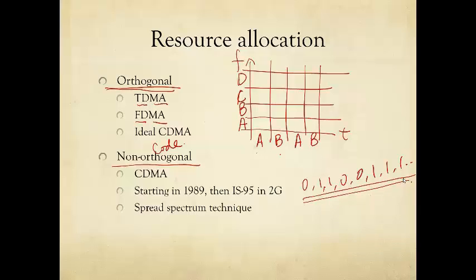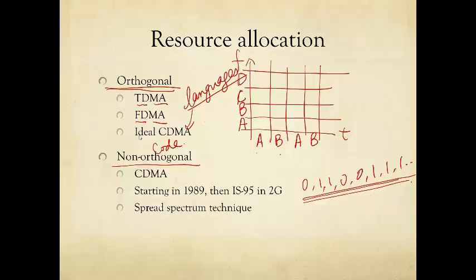And only the intended recipient will have the right code to decode that message. The other receivers would not have the right code, and therefore they would not be able to decode your message. In a cocktail party analogy, this is like different languages. So if somebody is talking Spanish and another person is talking Korean, that will help to differentiate the conversation.